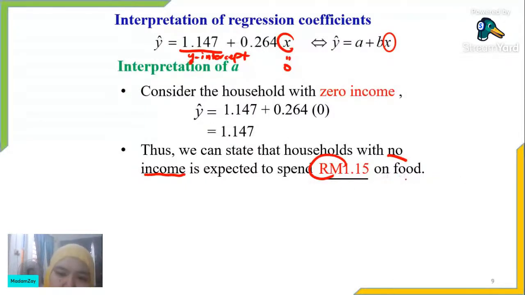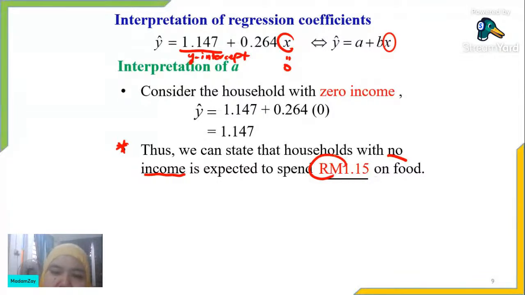On food. Cakap mana? X kosong. X kosong tu maksudnya tak ada income pun, diorang kena spend juga duit untuk makanan. Betul tak? Tapi tak logik lah sekarang ni RM1.15. Tapi dia expected to spend. So use this part to explain the relation between the Y and X. Okay, kalau X dia kosong, Y dia masih kena guna sebanyak 1.15.